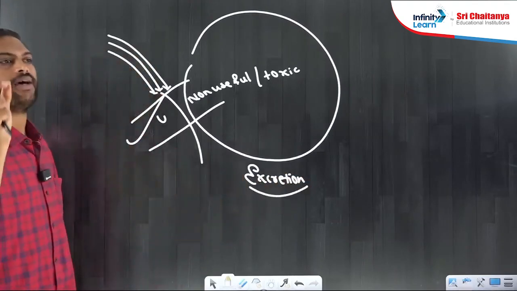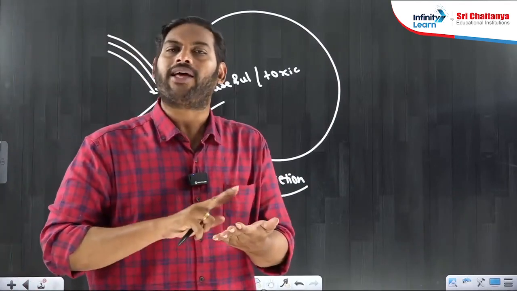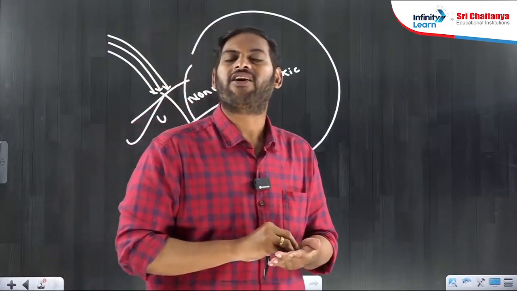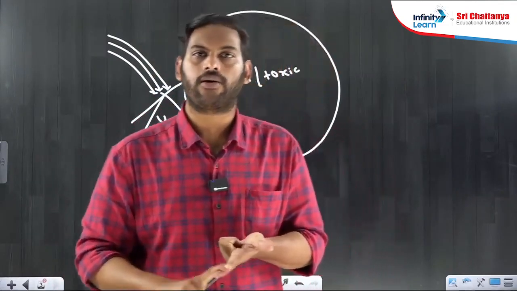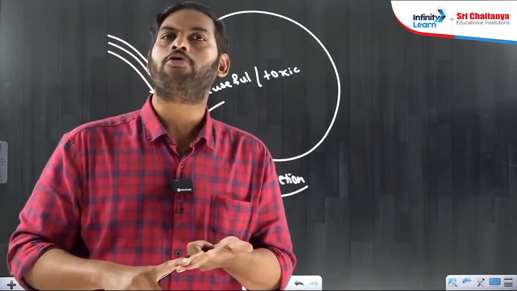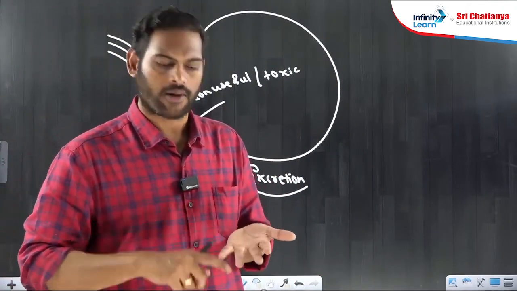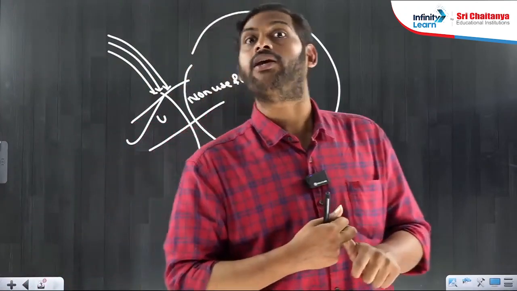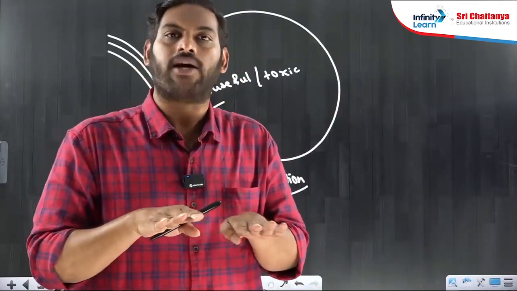Now my question to you is, what if we do not excrete? If you do not excrete, your body will be filled with toxins like urea, ammonia, uric acid, and more ions of sodium, potassium, chlorine, magnesium, manganese, copper, iron, zinc. You always know that you should eat a balanced diet.